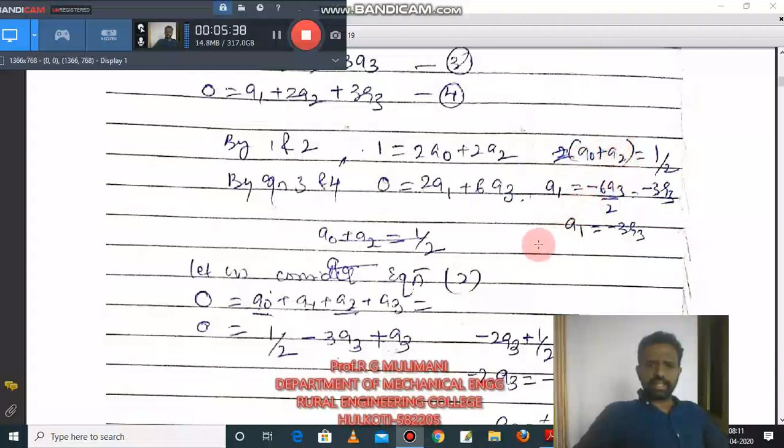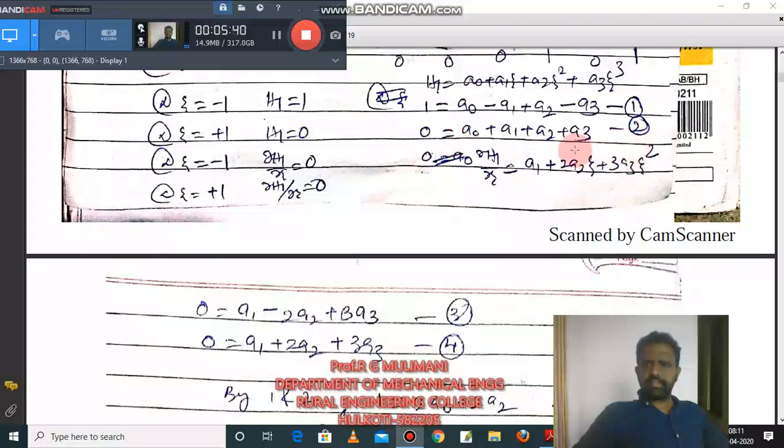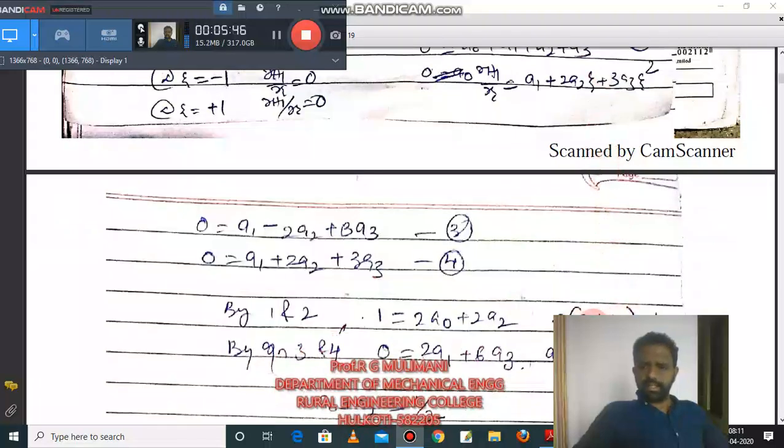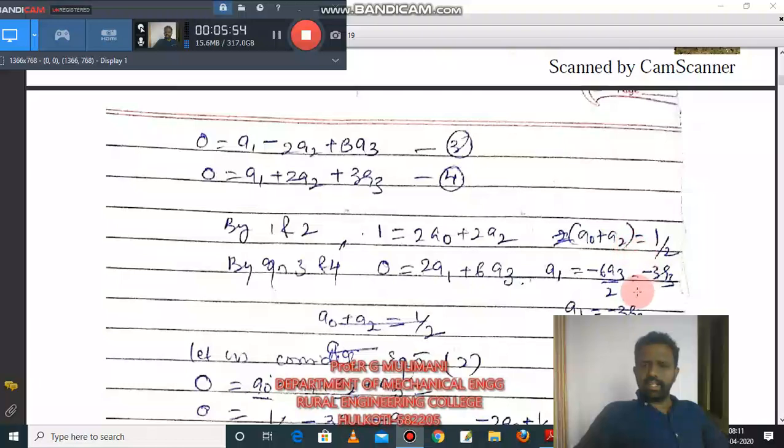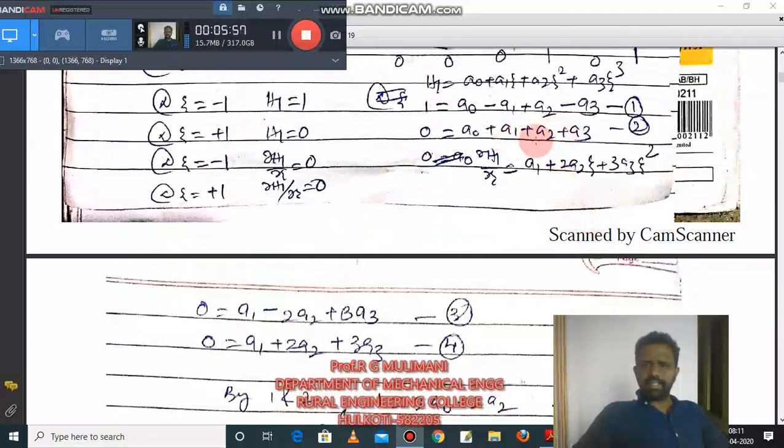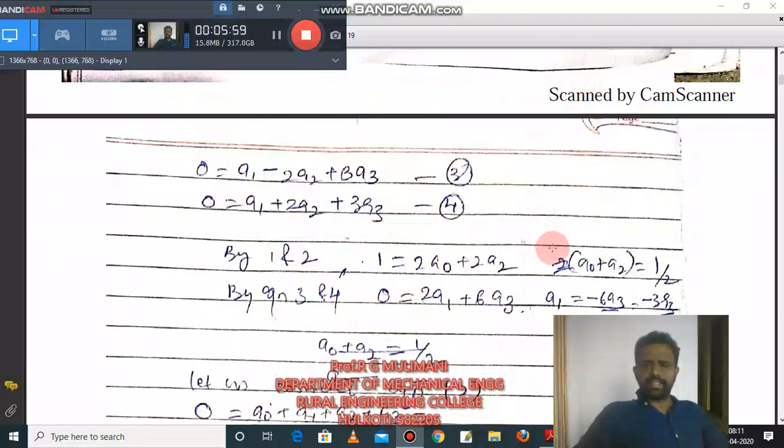Let us consider the second equation: 0 equals a0 plus a1 plus a2 plus a3. We substitute a0 plus a2 as half, and a1 as minus 3a3.